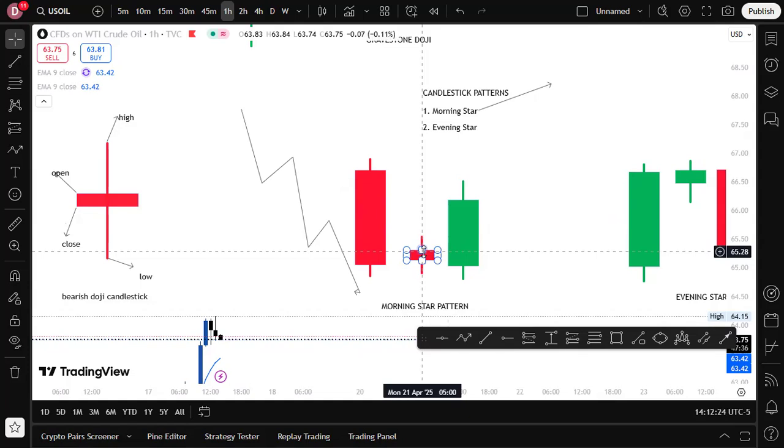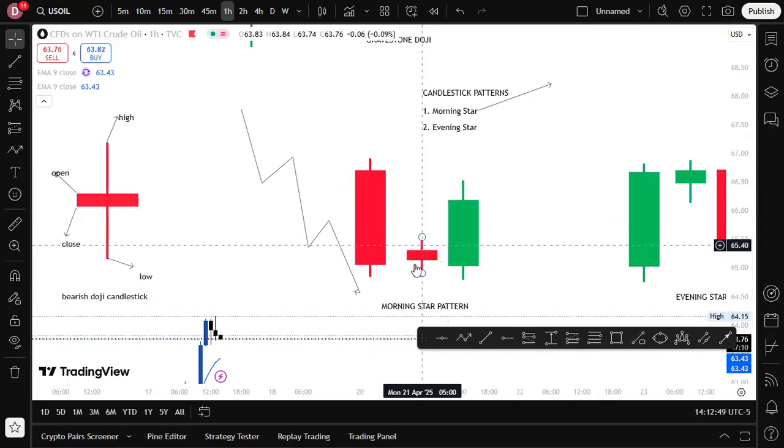The market may reverse or may continue going in that direction. There's a very strong fight between buyers and sellers whether to continue pushing the price downward or for a reversal to happen. But for a morning star candlestick pattern, whenever it happens at the bottom of a downtrend, it signifies that a very strong reversal signal is about to happen, right?